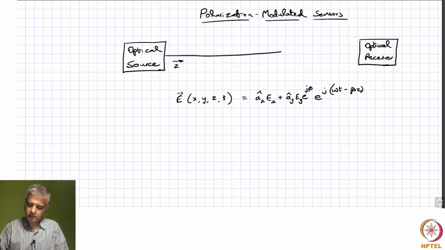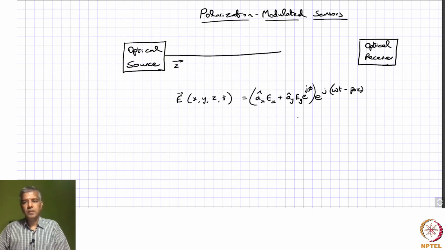And in general there is no rule that the x and y components have to be in phase. So there could be a difference in phase between the two components, and that's what we are denoting by e power j phi.